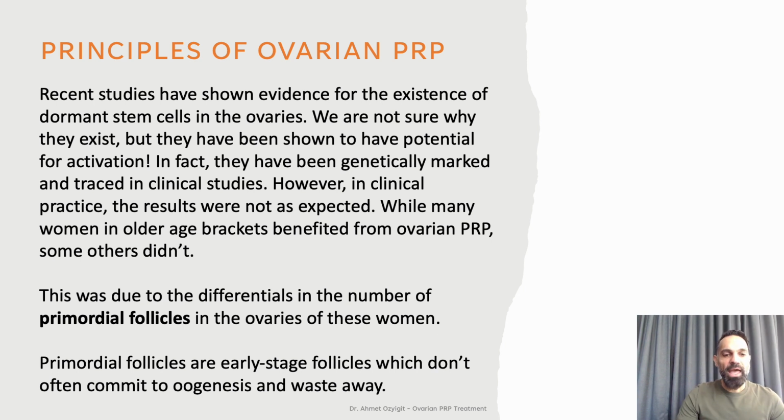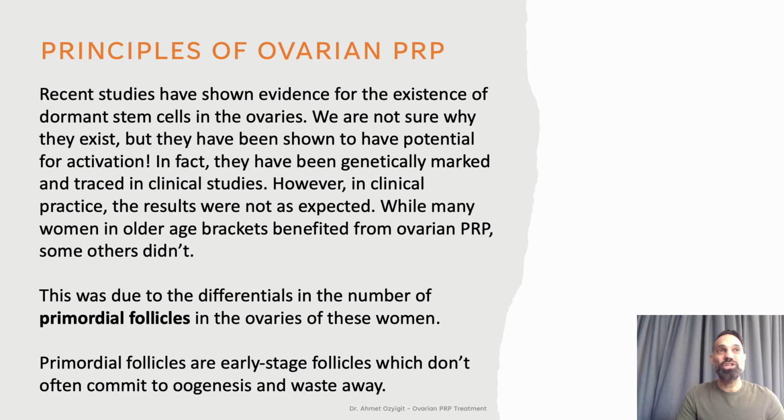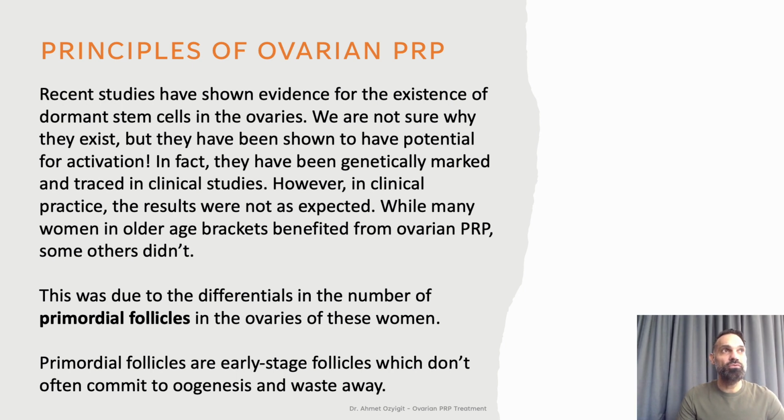And how is this connected to ovarian follicles? How did we make the connection between this and ovarian function? Well, in terms of regeneration of the tissue, in terms of regeneration of the cellular lines, we know that there are dormant cells in the ovaries, especially in the ovaries of younger women with premature ovarian failure.